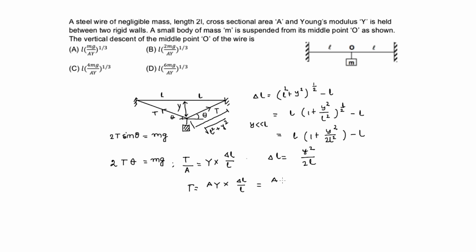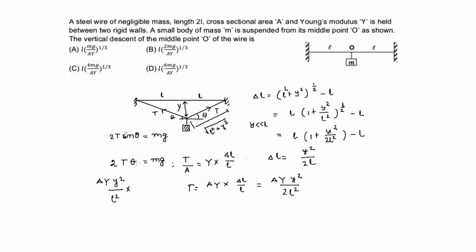So it is A into Young's modulus into y square by 2L square. So what is 2T here? I can say 2T is equal to A Y y square divided by L square.